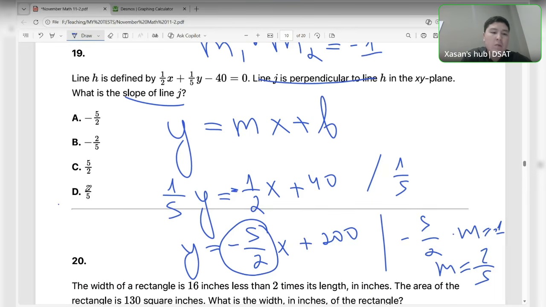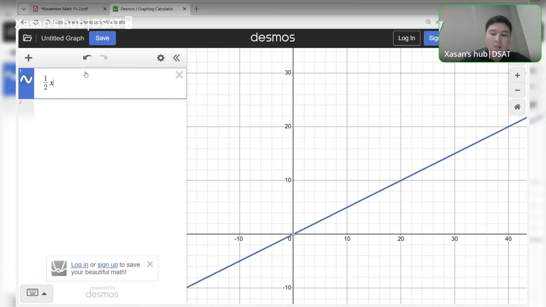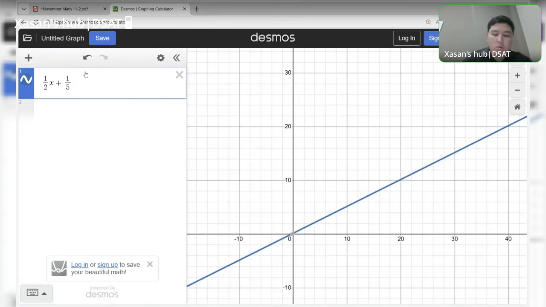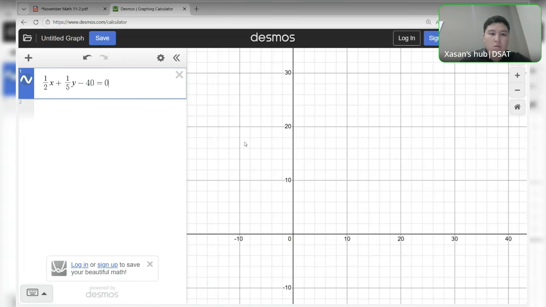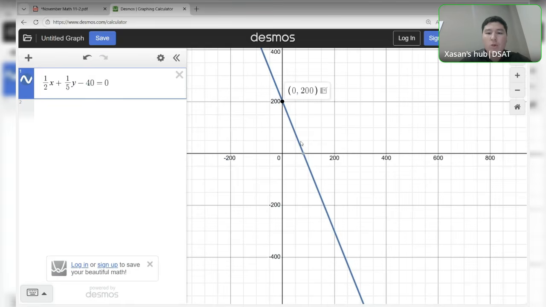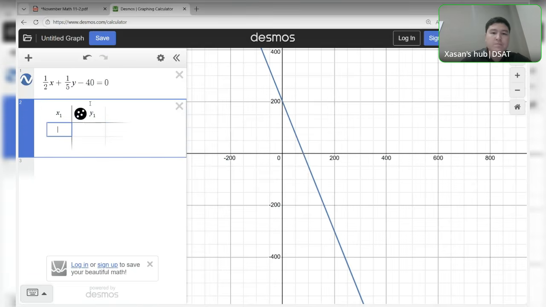This is what I do by hand. And then the Desmos way: we're going to write the equation 1 over 2 x plus 1 over 5 y minus 40 equals 0, and then we're going to have the line. So guys, you can just choose 2 points, let's say the intercepts of the line, and then create a table.